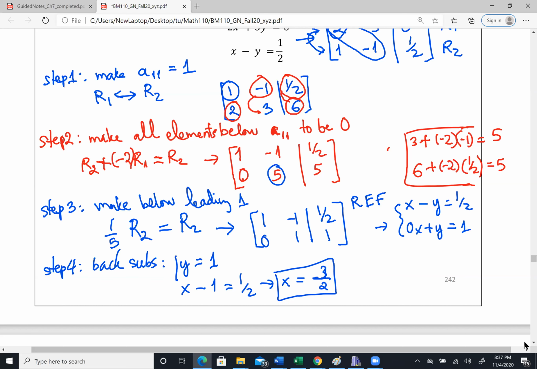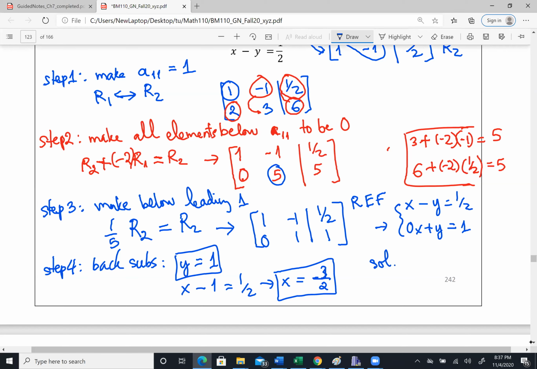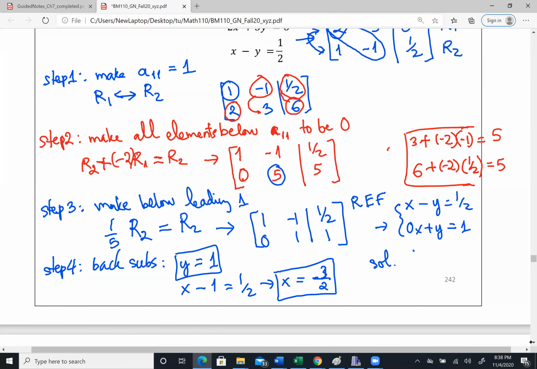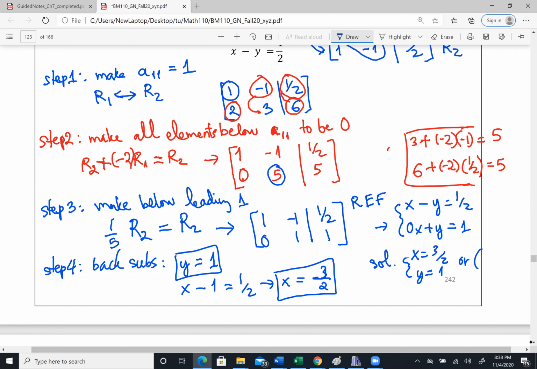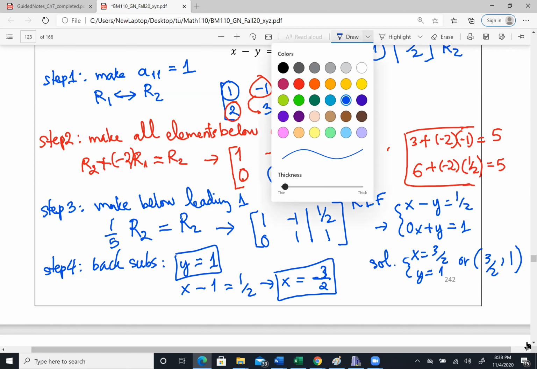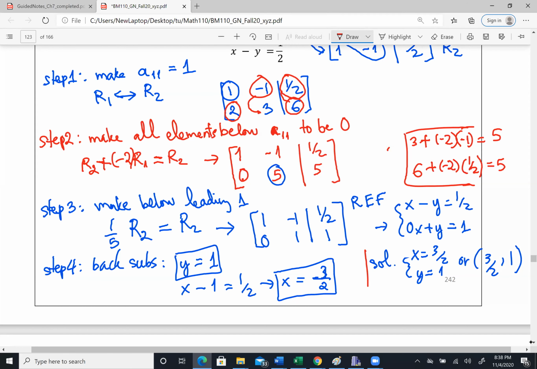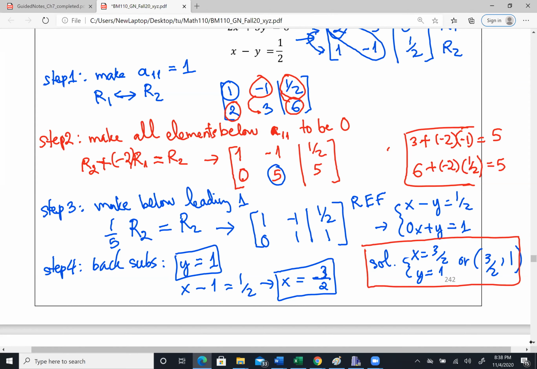So that should be the answer. The solution can be written as x equal to 3/2 and y equal to 1, or as the ordered pair (3/2, 1). Let me circle this as the answer. All right, so that is done for this example. Then move down.